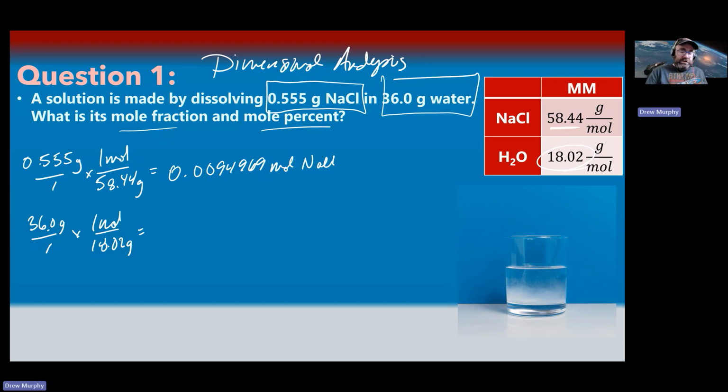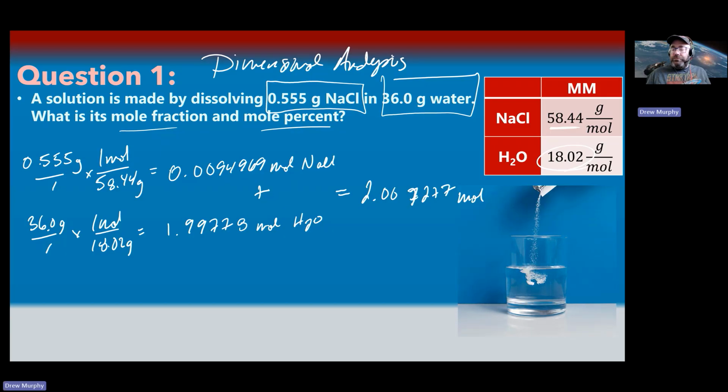So 36 divided by 18.02 is 1.99778 moles of water. Together, our total is both of those added together, which is 2.007277 moles.